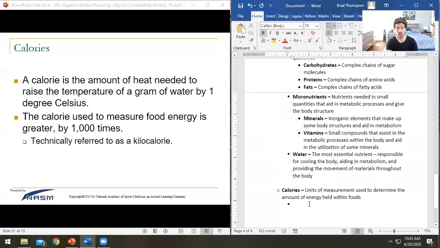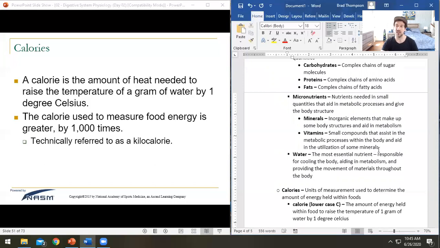But what a lowercase calorie is, and it's going to automatically uppercase that for me, lowercase c, is the amount of energy held within food to raise the temperature of 1 gram of water by 1 degree Celsius.